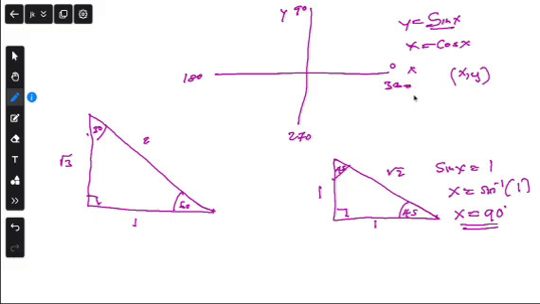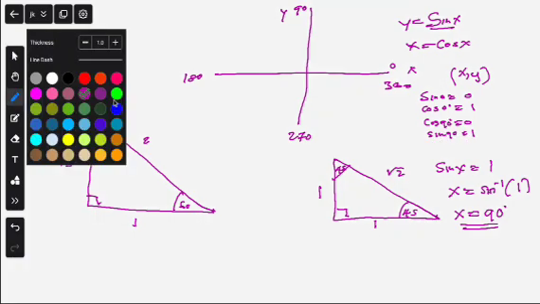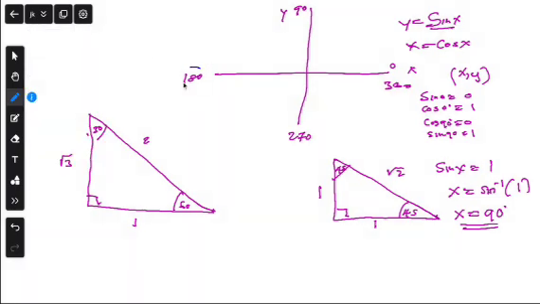So the first one, we are saying sine 0 is equal to 0, cos 0 degrees is equal to 1, then cos 90 is equal to 0, but sine 90 is equal to 1. Now let's say, for example, we move to 180.